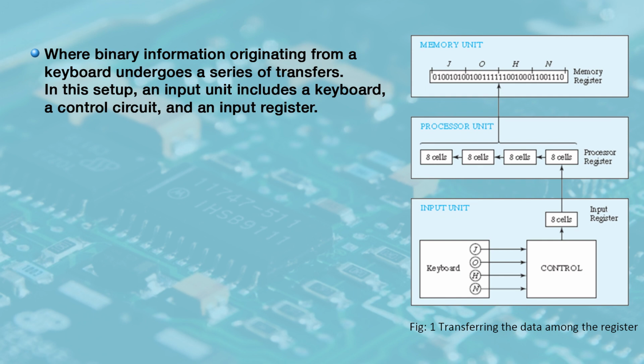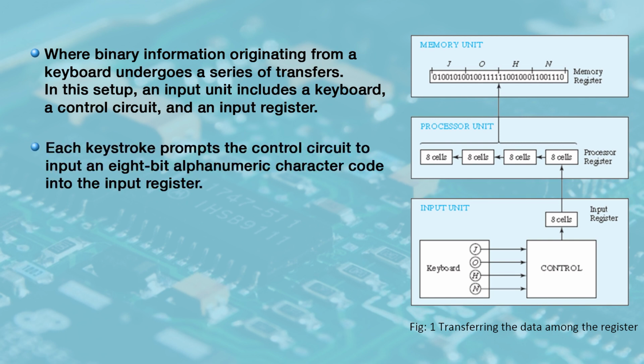In this setup, an input unit includes a keyboard, a control circuit and an input register. Each keystroke prompts the control circuit to input an 8-bit alphanumeric character code into the input register.